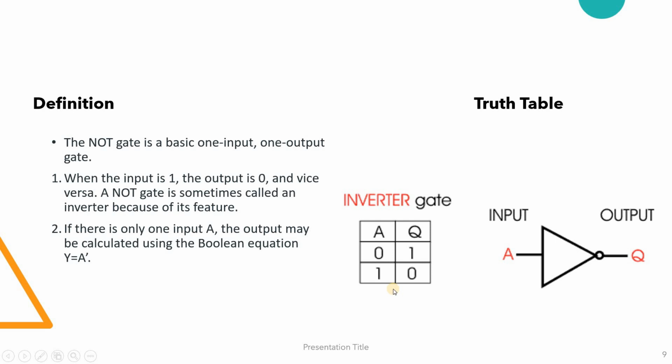So when we pass the input as 1, we get 0. When we pass 0, we get 1. You get the negative of the input. This is the truth table for the NOT gate.